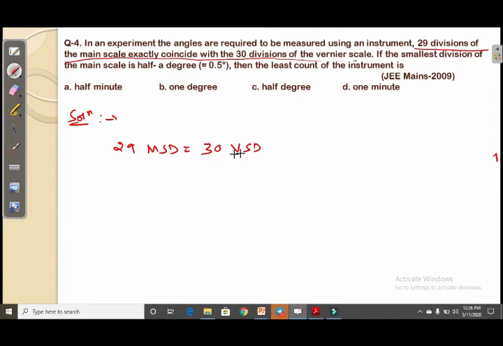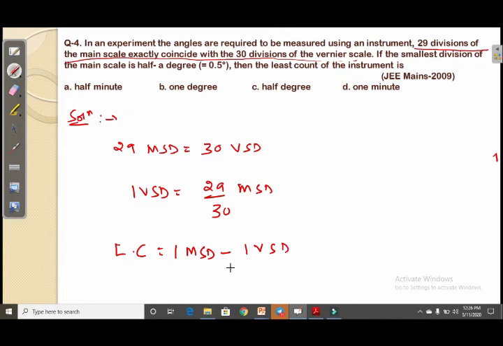Then 1 VSD is equal to, taking the 30 to this side, 29 by 30 MSD. That is, 1 vernier scale division is equal to 29 by 30 of the main scale division. Then the least count is very simple, that is 1 MSD minus 1 VSD.